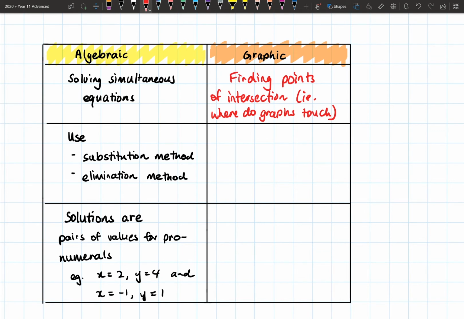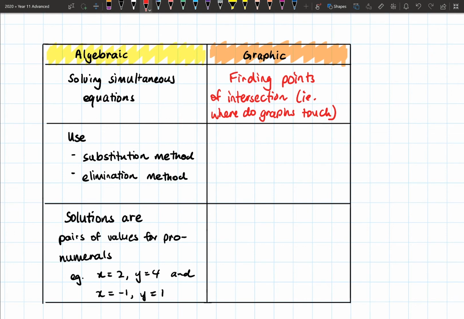When solving algebraically, we use two particular methods: the elimination method and the substitution method. We've gone through that last term, and if you need help, have a look at the notes we did last term.